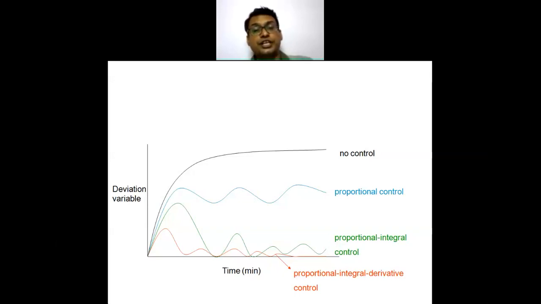So how much it is deviated. If no controller is being used, then my output behavior will be like this. It is a deviation variable against time. This graph is plotted. It continuously increases, and after that it attains a steady state value, that is without a controller. But there is a vast difference from the required value.